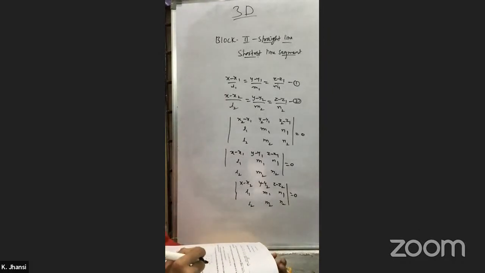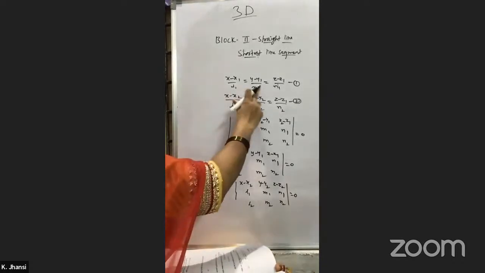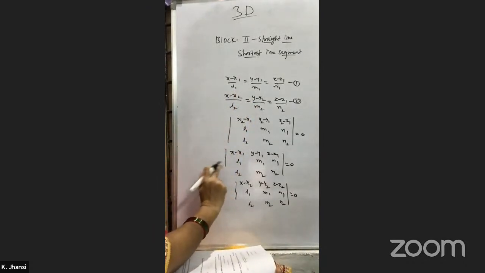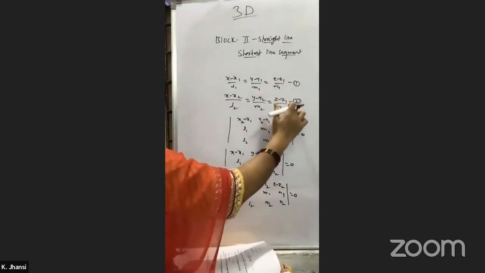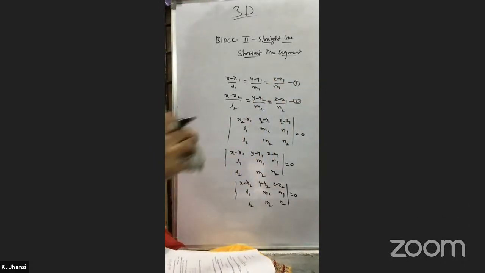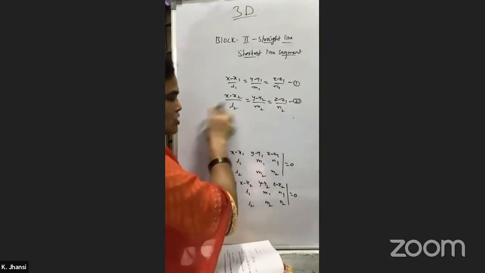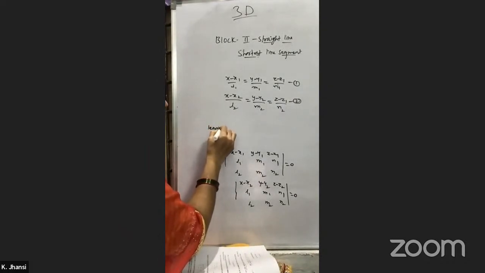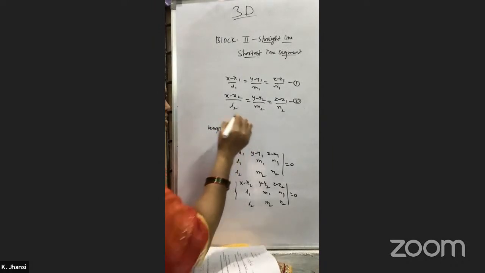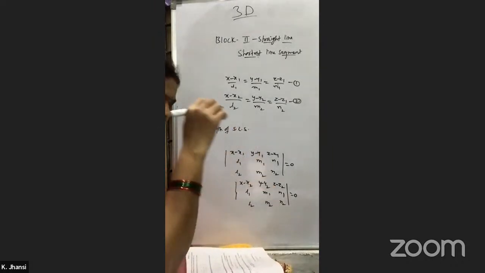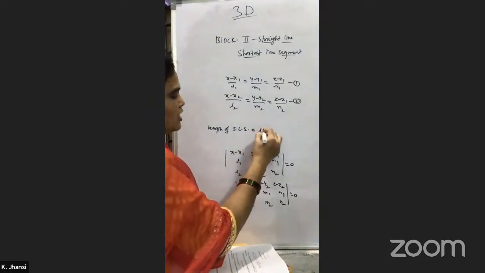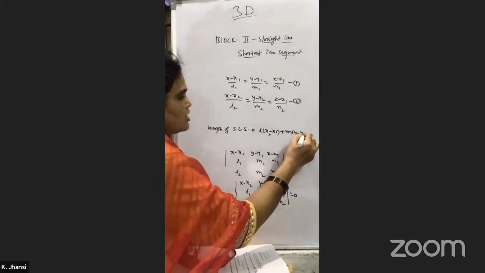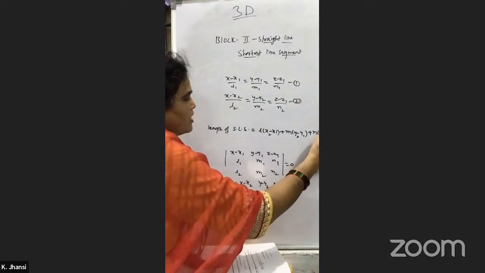The question will be to find the length of the shortest distance between the two lines, and after that find the line equation. So two line equations will be given, and from them you have to find the length of the shortest distance. The formula for the length of the shortest distance is L into x2 minus x1 plus m into y2 minus y1 plus n into z2 minus z1.